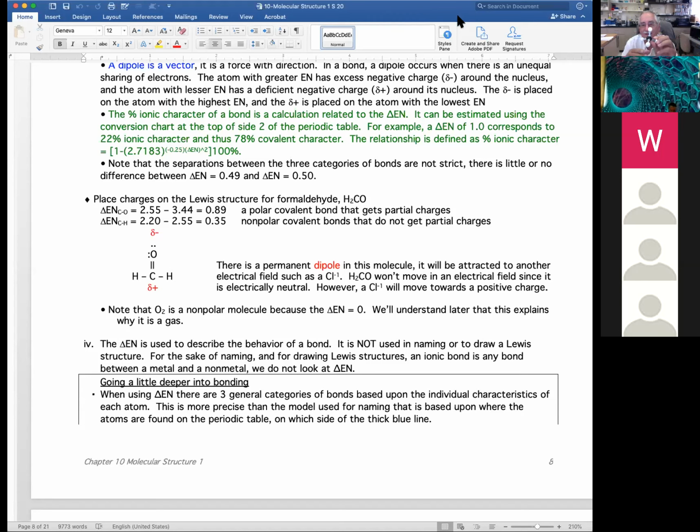My mistake. Anyway, if you look at this shape, this is bent. That's a region of electron density. So is that, and so is that. So there are 4 regions of electron density. But what we really care about is how the atoms are situated relative to each other. That's where we get the shape.